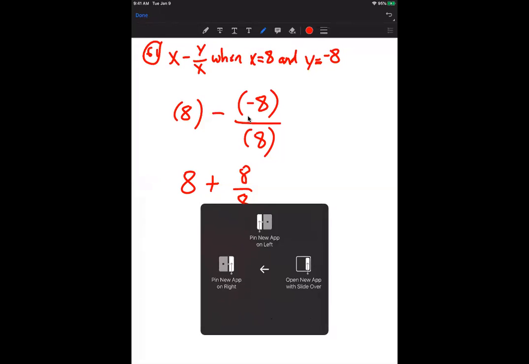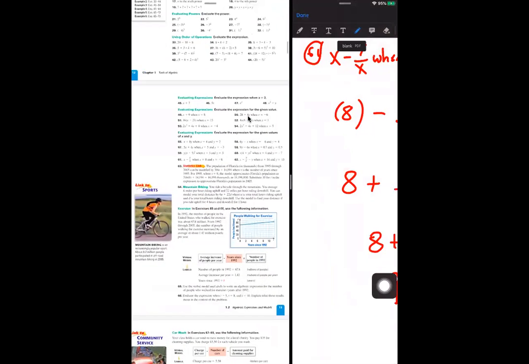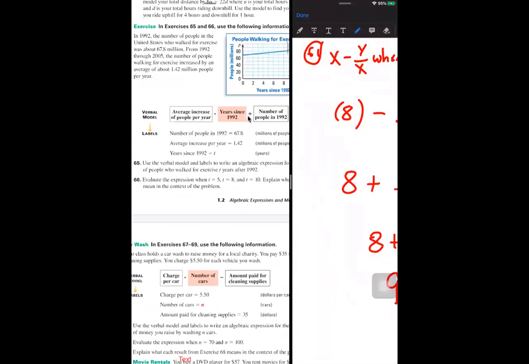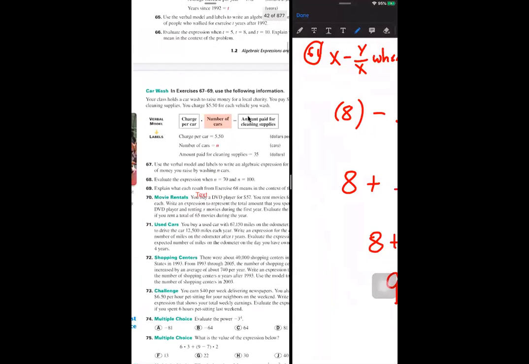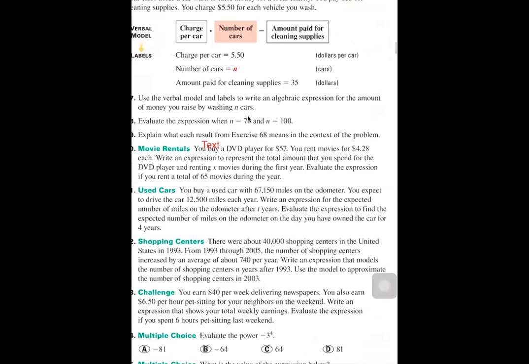Okay, so now we're going to look at our word problem. So our word problem was number 71. 71 says, you buy a used car with 67,150 miles on the odometer.